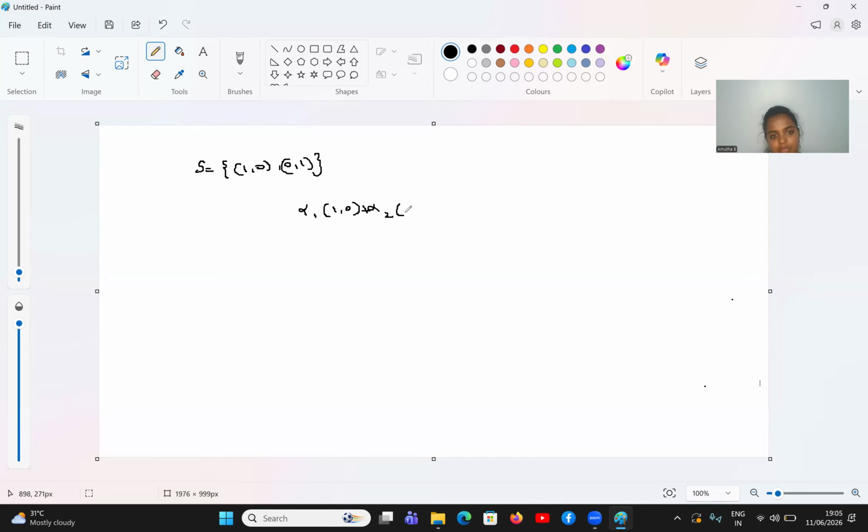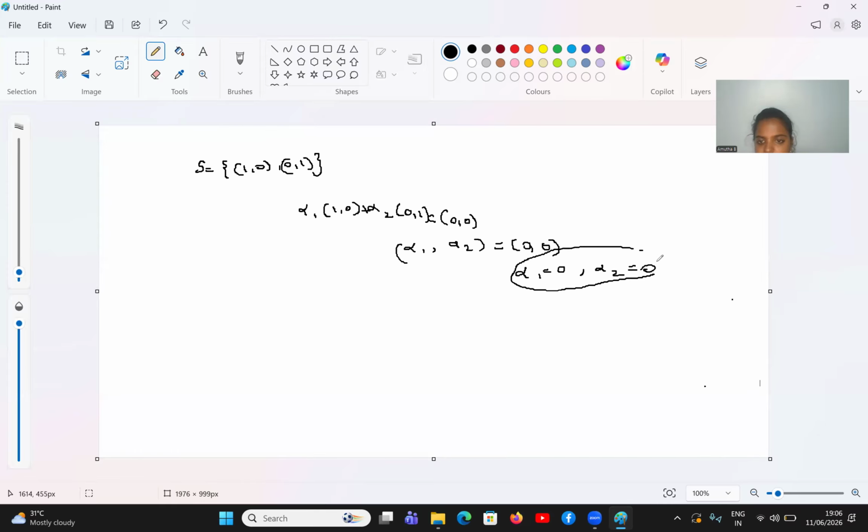Alpha 1 V1 plus alpha 2 V2 equal to (0, 0). Finally, we get (alpha 1, alpha 2) equal to (0, 0). If we equate each tuple, alpha 1 equals 0 and alpha 2 equals 0. So when both alphas are 0, you can say this set S is linearly independent.